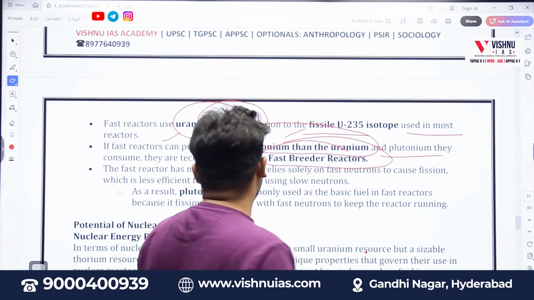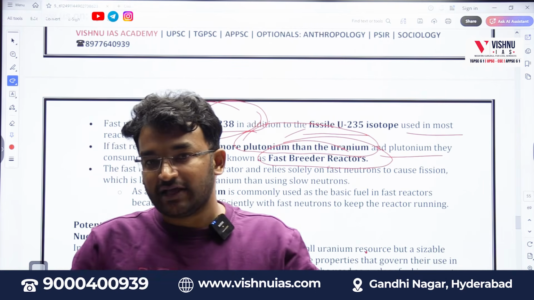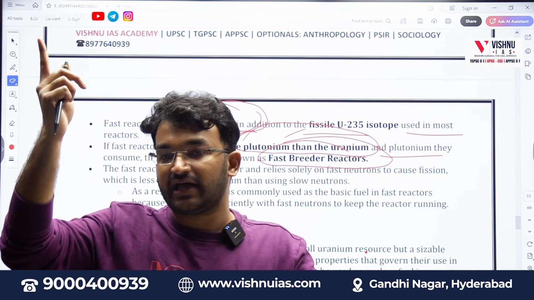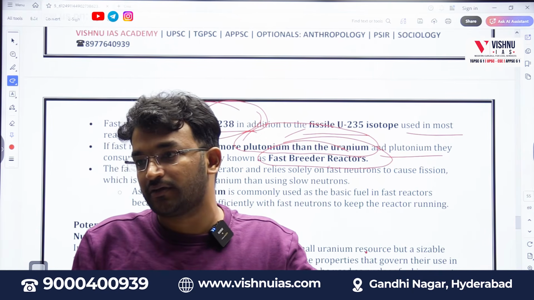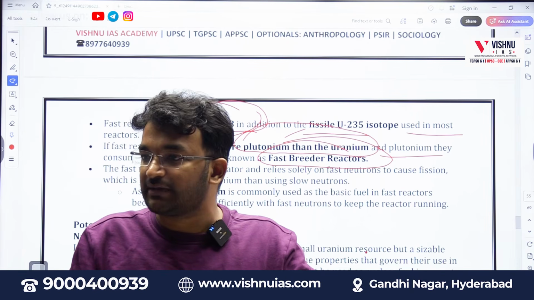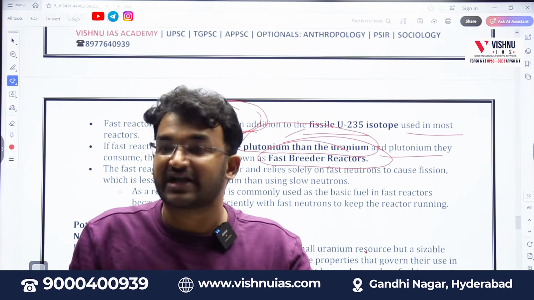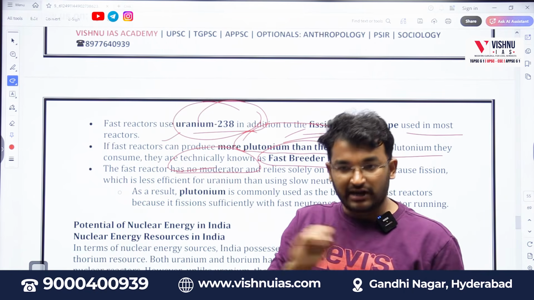Now if we have to maintain the fastness, what is the equipment which is slowing down the neutrons? So if we remove the moderator first, that's why in these fast reactors there will be no moderator. Underline that.